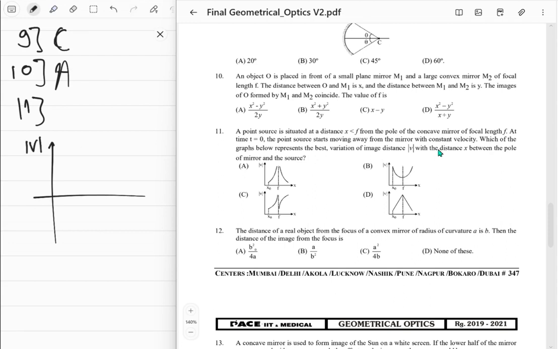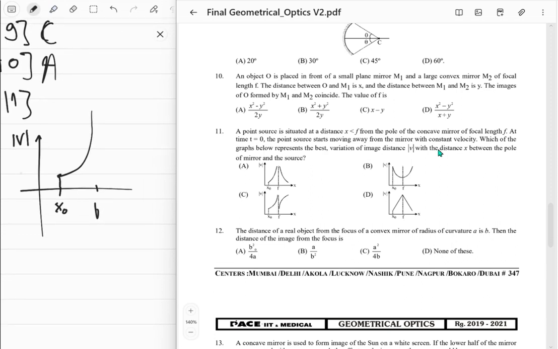Your V is first of all positive, and then it starts off at some max value till there. Now at the focus it's going to go up, so it's asymptotic at that point. Your V is now going to switch to negative, but we are talking about mod V, so it's still positive and still asymptotic.